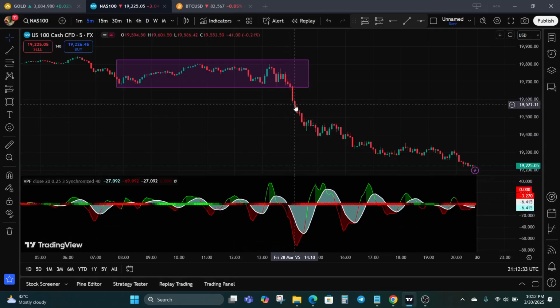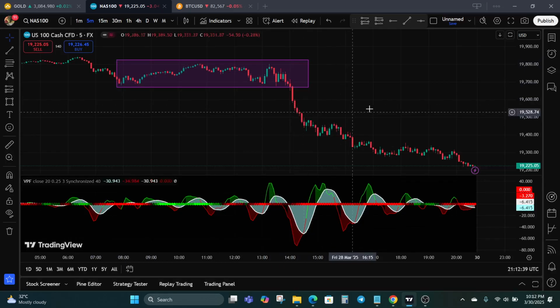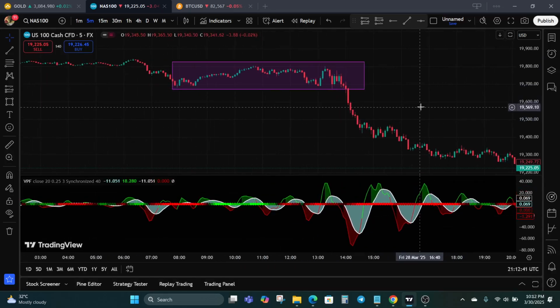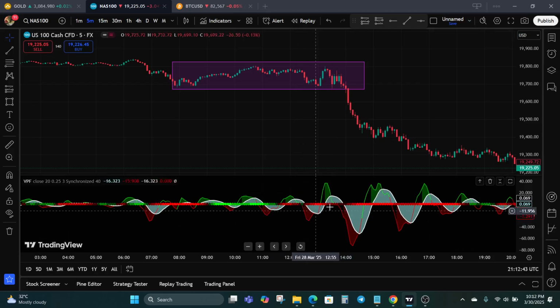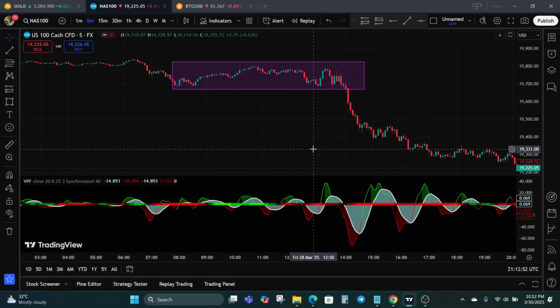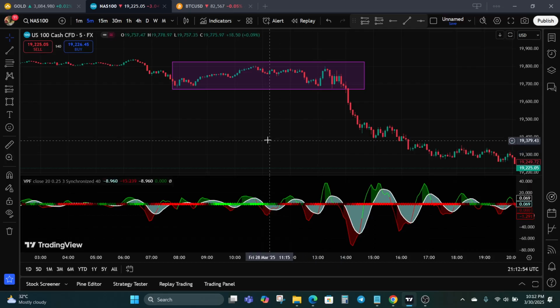So it showed that a sell move was incoming. We had a consolidation, so it predicted that a possible bearish breakout was underway. So what you have to be looking out for is the red line appearing and the shade of the red getting darker, signaling a potential bearish move ahead.